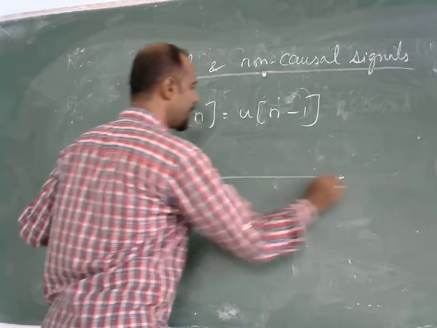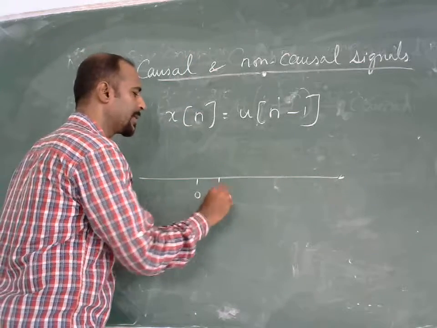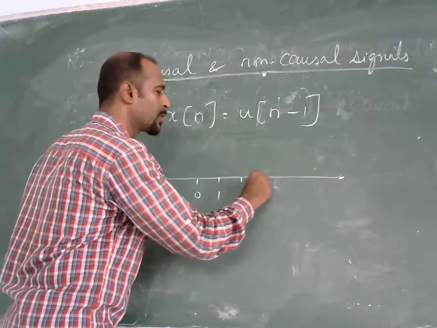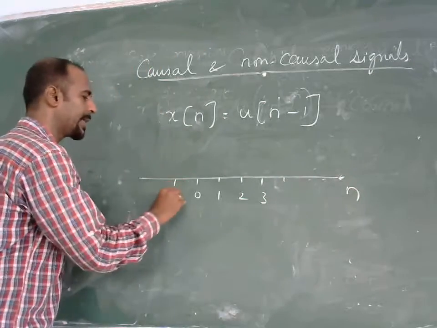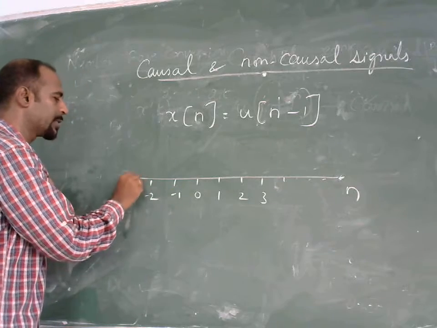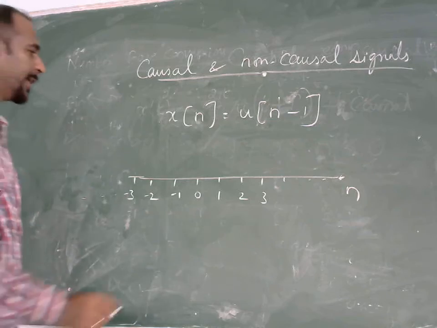So therefore, if you draw this signal, this is at n equals 0, this is at n equals 1, n equals 2, n equals 3, etc. And this is at n equals minus 1, n equals minus 2, n equals minus 3, etc., up to infinity.